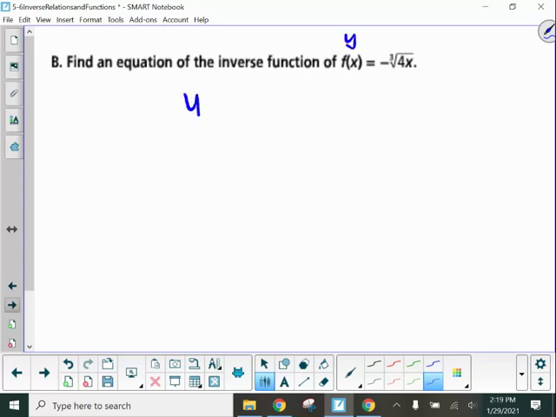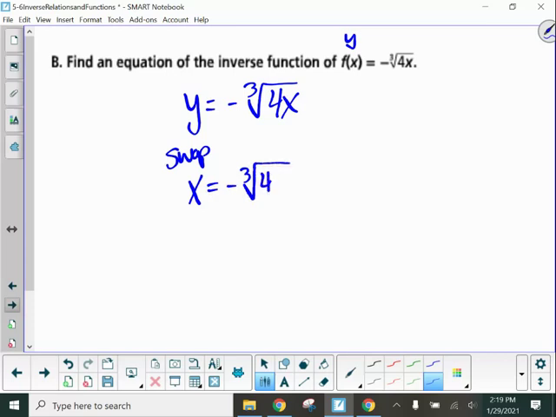So I'm going to change that to a y. Then I'm going to swap my x and my y and resolve for the y to get the inverse function. So I am going to move that negative over first.